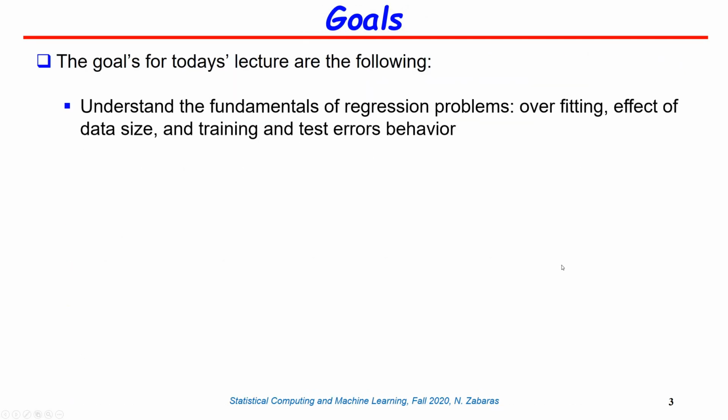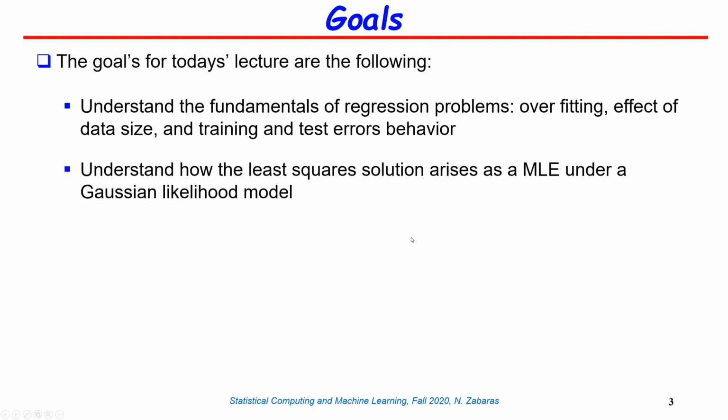So the goals for the lecture today will be to discuss what a regression problem is, to learn about these issues of overfitting, the effects of the data size, and also introduce many related concepts: training data set, test data set, overfitting, generalization, and the like.